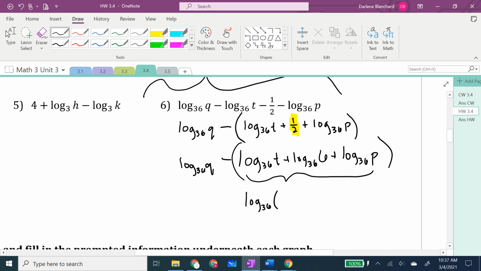And I'm multiplying the t, the 6, and the p to have 6 TP.